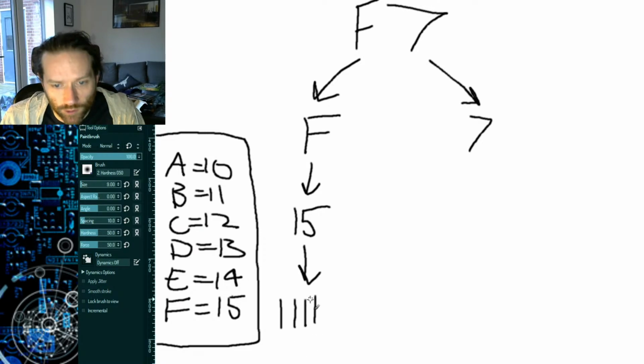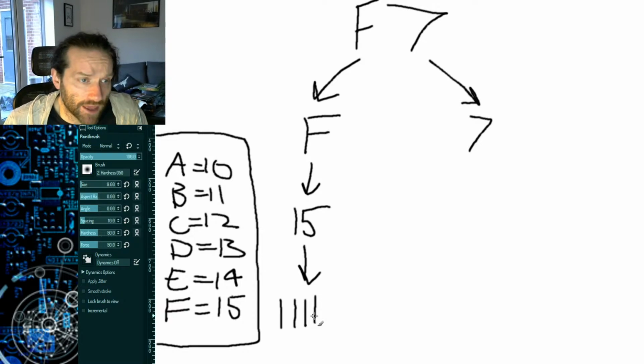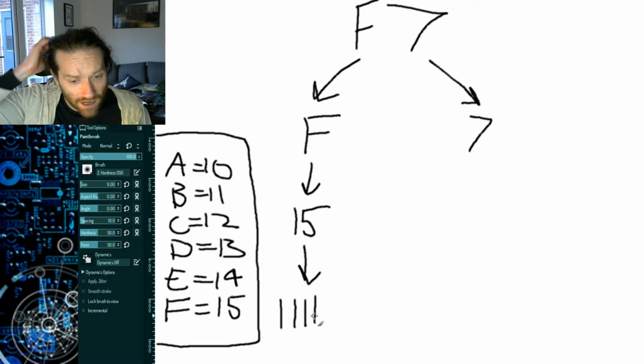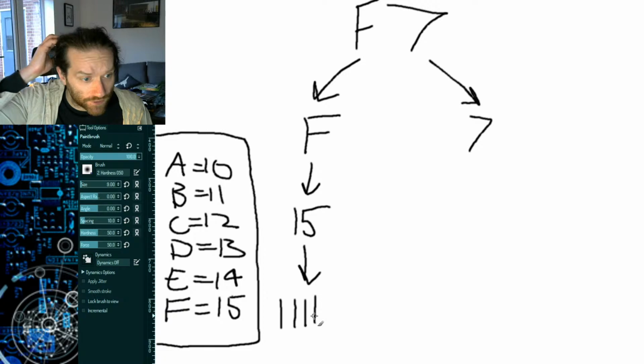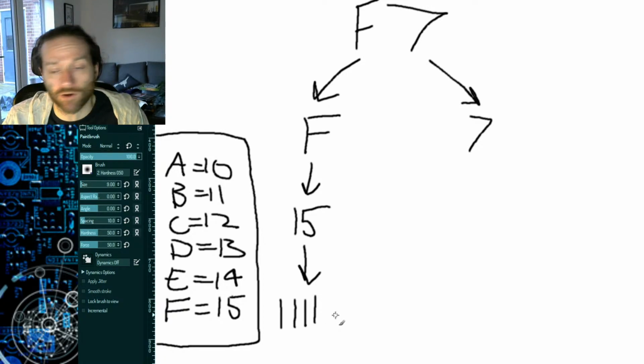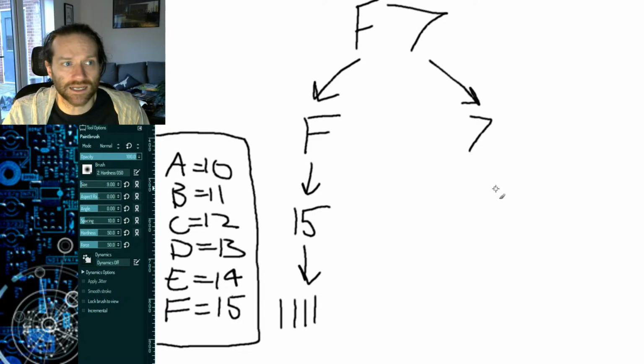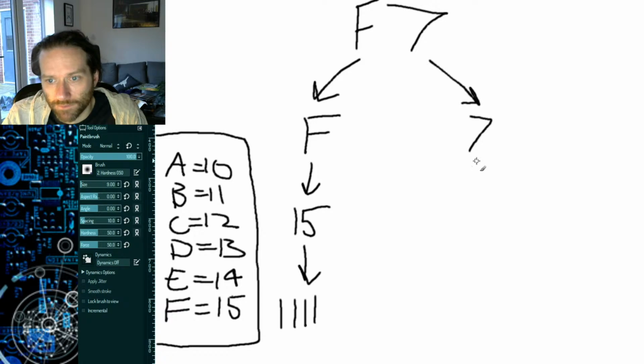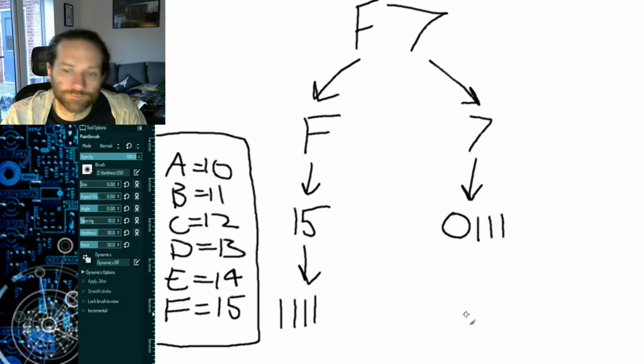Okay, 8 plus 4 plus 2 plus 1. I specifically haven't done any working out there. You should ideally know the 16 numbers from 0 to 15 in 4-bit binary. There's only 16 of them. It's not hard to remember. And likewise 7 is going to be 0, 1, 1, 1.